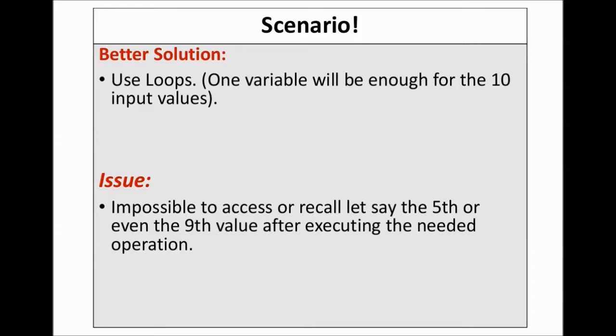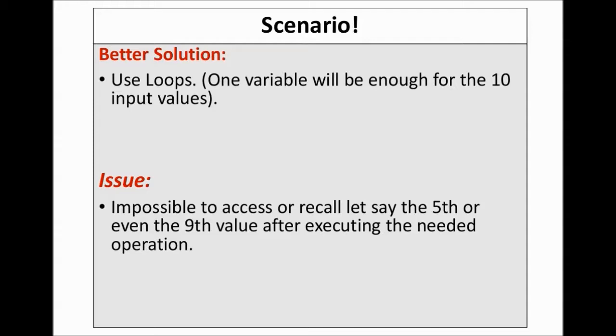Instead of using a separate cin or cout statement for each variable, which is a time consuming process, we have a better solution: instead of using cin and cout for each variable, we use loops. In loops, one variable will be enough for all the input values.